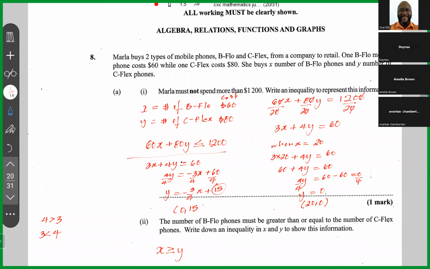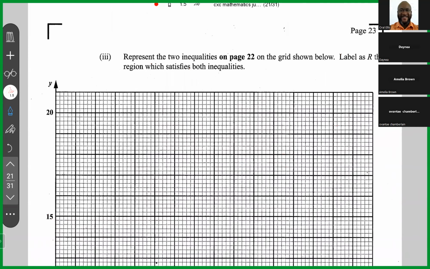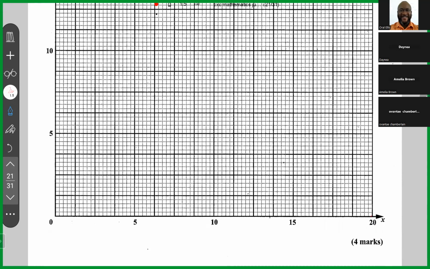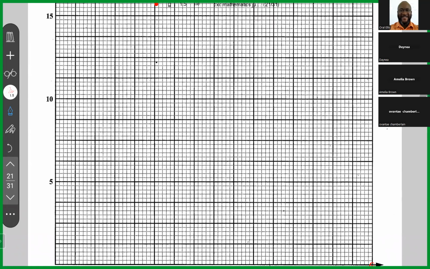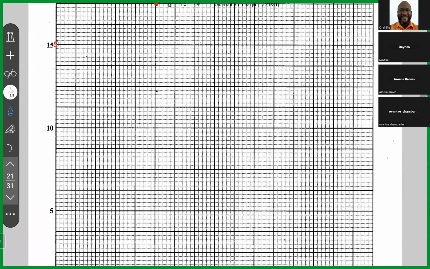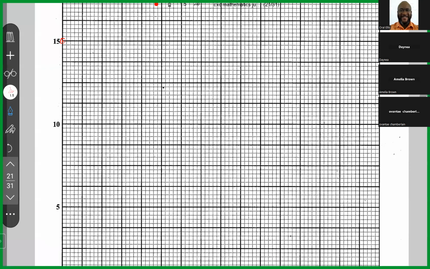So if I have 2 points, I can draw my straight line because only 2 points are needed to draw a straight line graph. So the 2 points I have are 20, 0, which is here, and the next point is 0, 15, which is here. So what I just did is I got the x-intercept and the y-intercept.